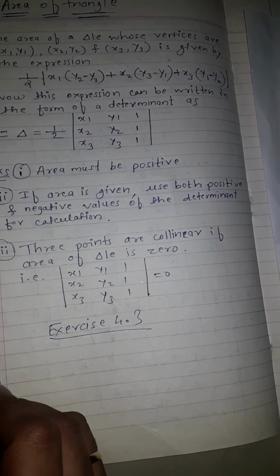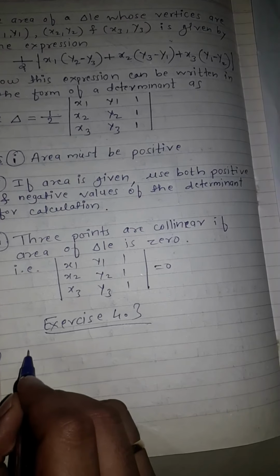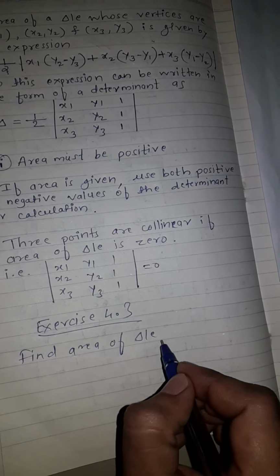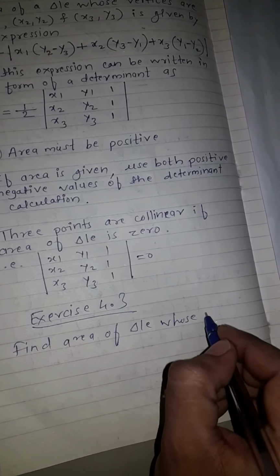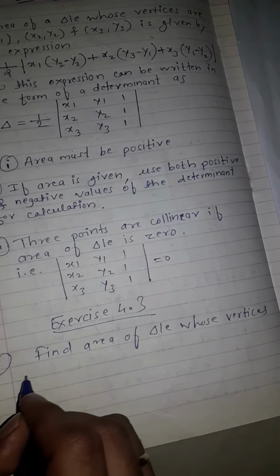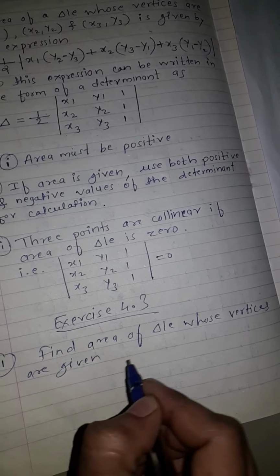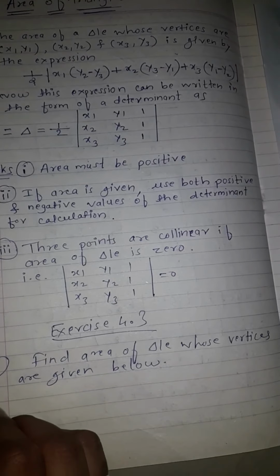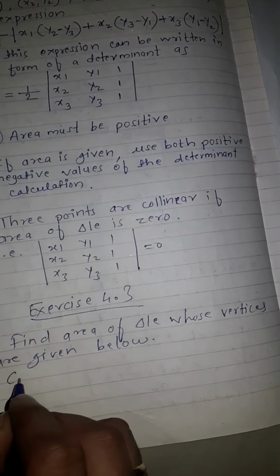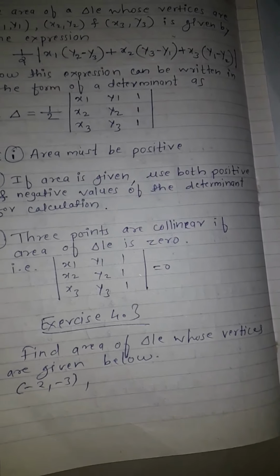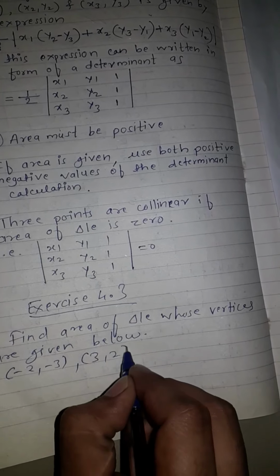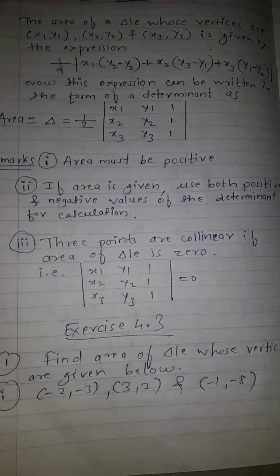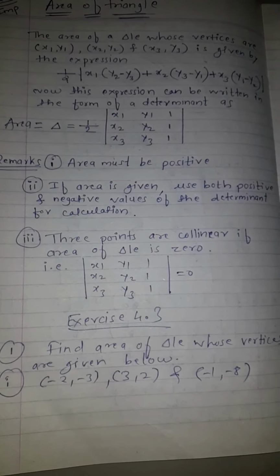The first question: find the area of the triangle whose vertices are given below: minus 2 minus 3, 3 2, and minus 1 minus 8. These are the three vertices they have given.